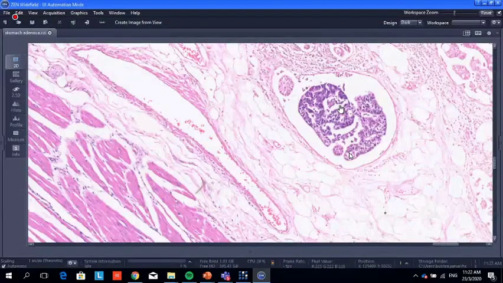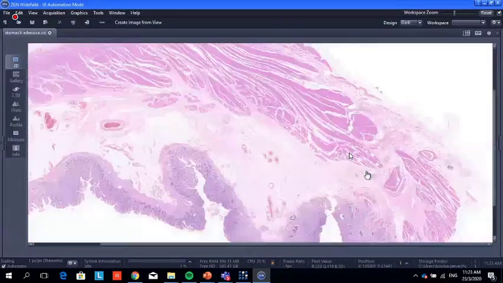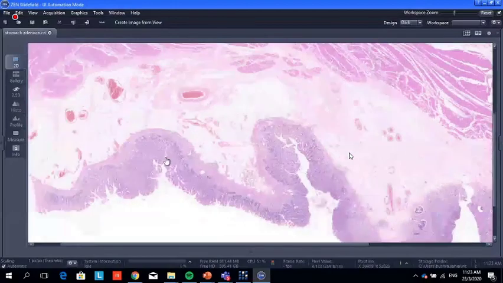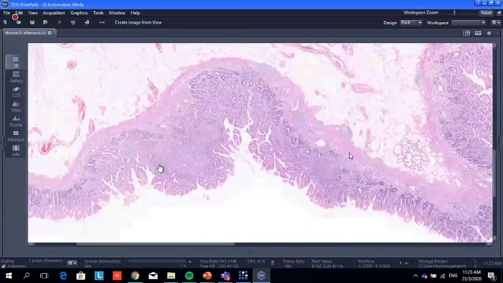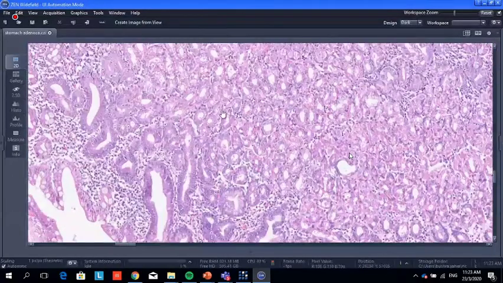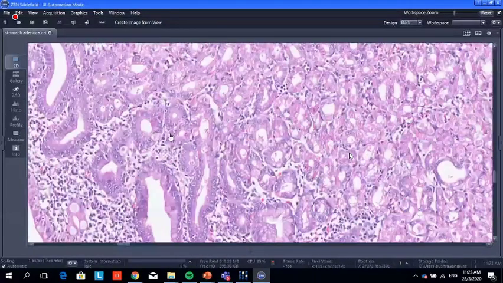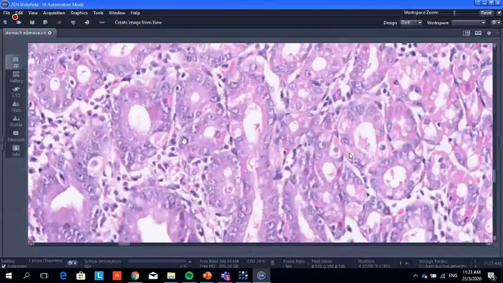Complete it: arising from where? Arising from a background of chronic gastritis with intestinal metaplasia. Remember? This area we said was metaplasia and dysplasia.